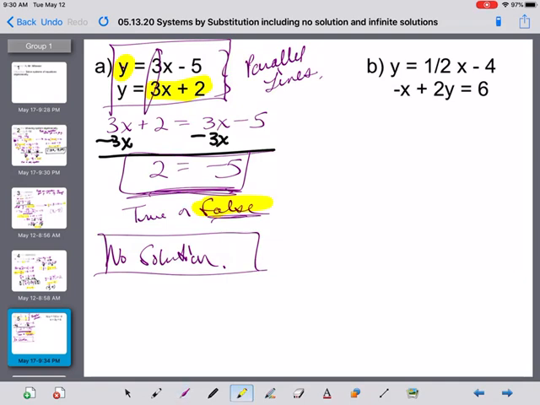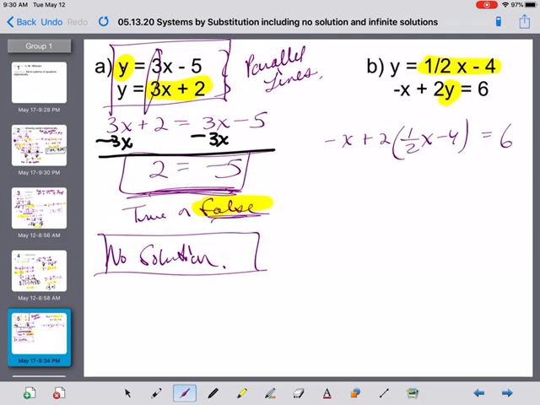All right, so we solved. So here's y. So y equals this. We're going to plug it into the y in the other equation. Go ahead, try it out. Negative x plus 2, parentheses half x minus 4 equals 6, right? Put it in parentheses.